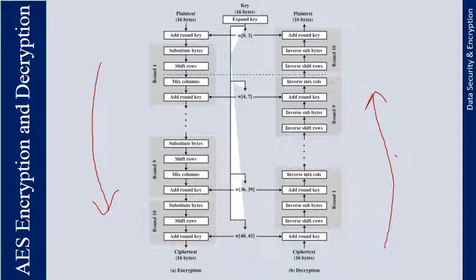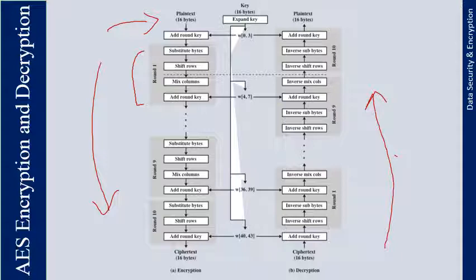As you can see again, we have the initial plaintext that is met with one transformation known as AddRoundKey. Then we have a number of transformations in each round. The first transformation is substitute bytes, in which you substitute the bytes of the input matrix, and in the next transformation you shift the rows by applying a left shift or right shift operation.